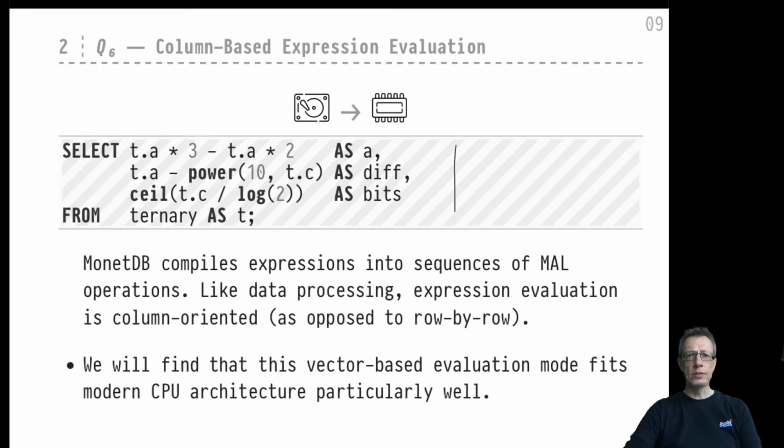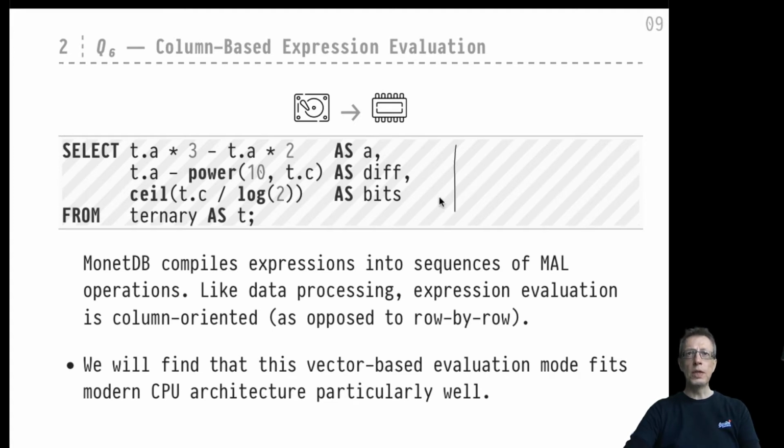Just like other data access operations inside MonetDB, expression evaluation is of course compiled into sequences of MAL operations. And as I told you, just like the normal data access, like table scanning, the evaluation of these scalar expressions, these arithmetic expressions, for example, is also performed in a column-oriented or vector-oriented way, and not row by row, as has been the case for PostgreSQL.